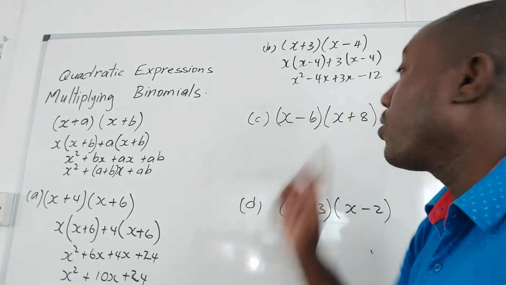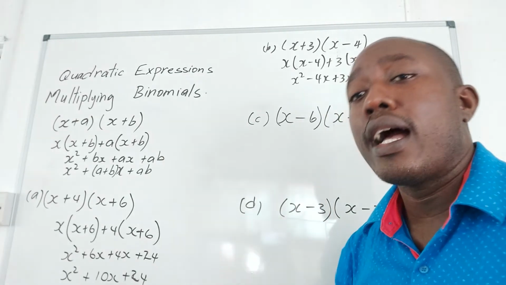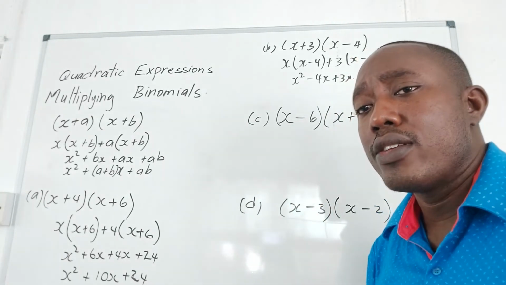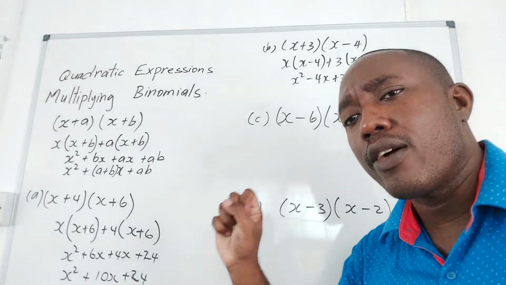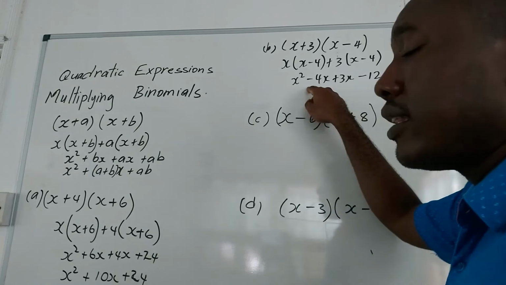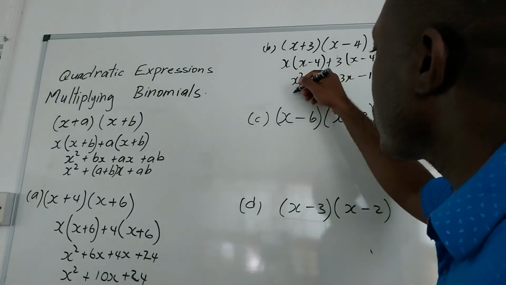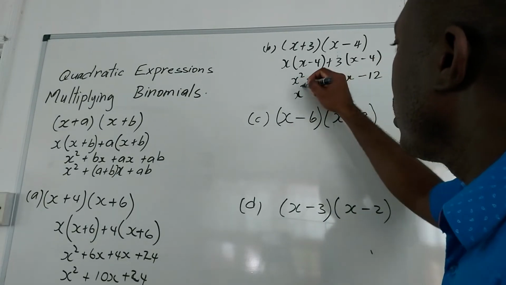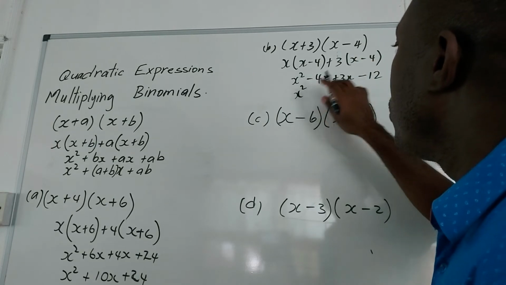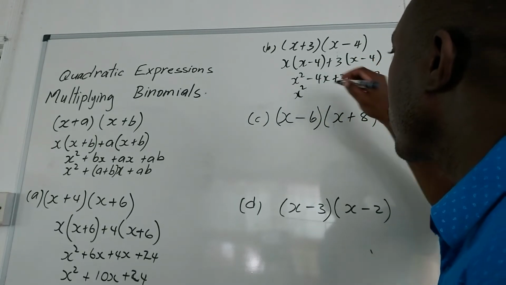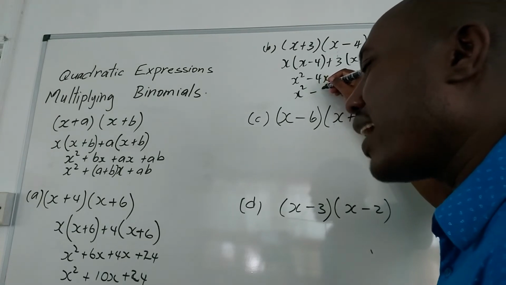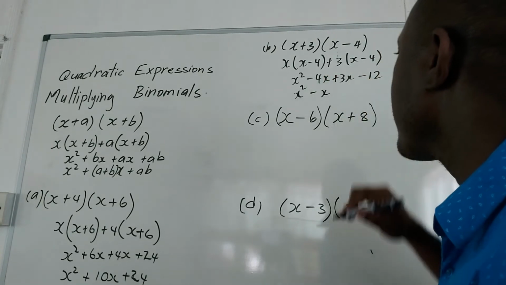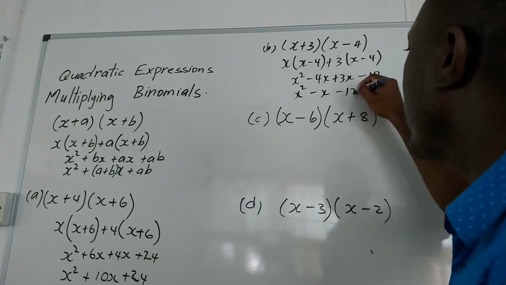And since the 4 is larger and the 4 has the negative, that carries the, let's say, the power. So our answer will be a negative number. So we'll have x squared, 4 take 3 will give us 1, so our answer is negative 1x. And we could write negative 1x just as negative x, minus 12.